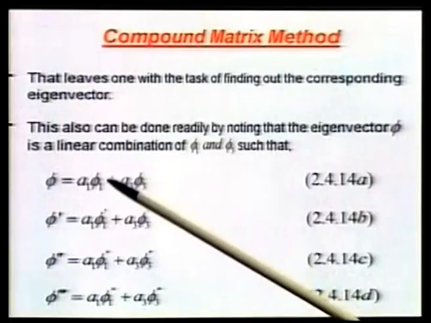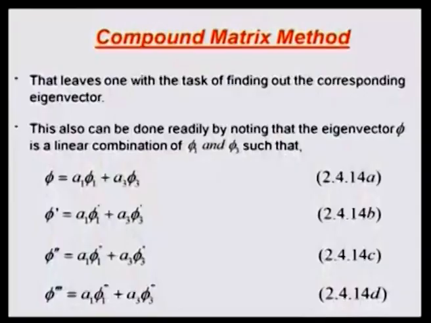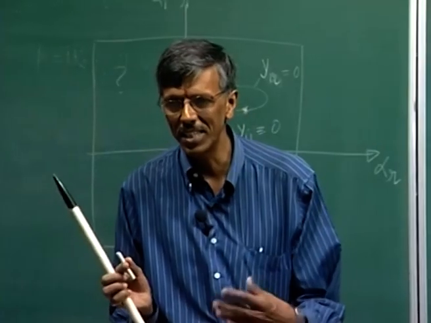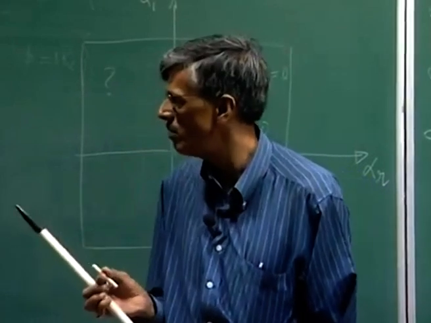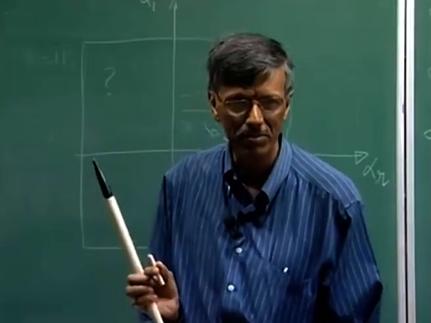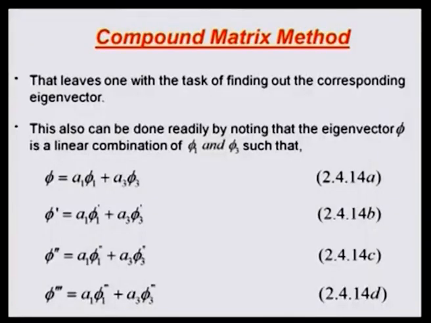What is unknown here? A 1 and A 3. So, I could eliminate A 1 and A 3, solve for it and plug it in there, right. And then what happens? I get an equation for phi in terms of those phi 1 and phi 3 and their derivatives, right. I would not do it.